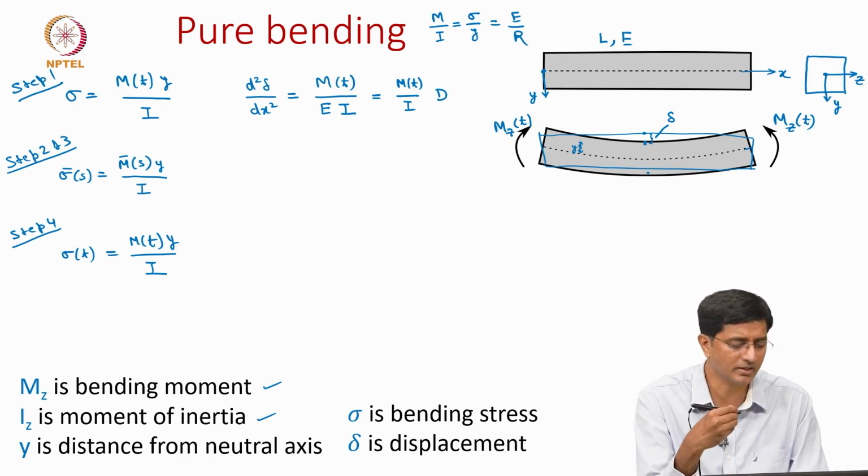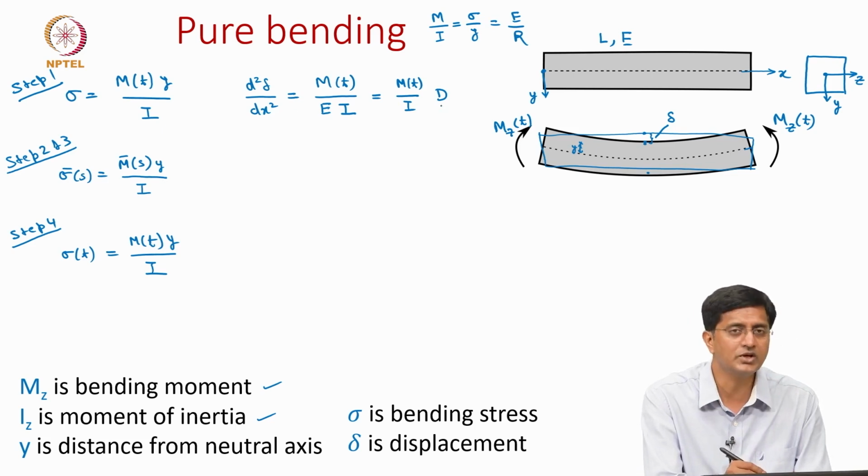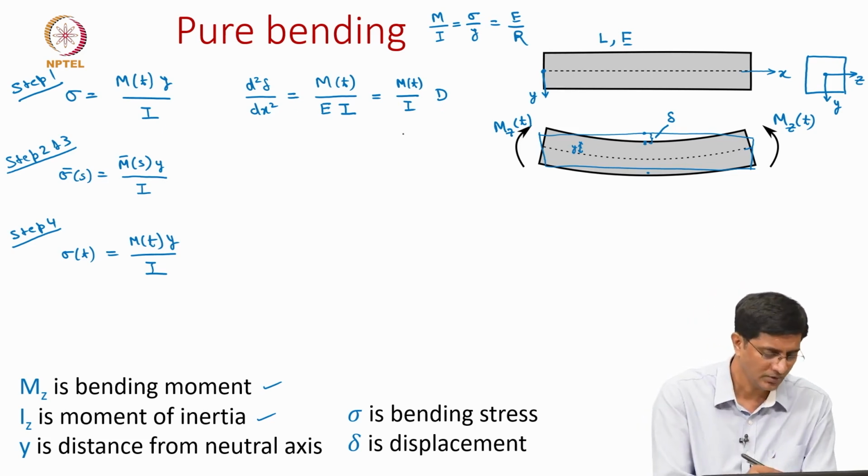But now let us look at deflection, because in deflection we see that there is one elastic constant, which is D, D is the compliance. So, now let us apply these steps 2 and 3 for the deflection equation.